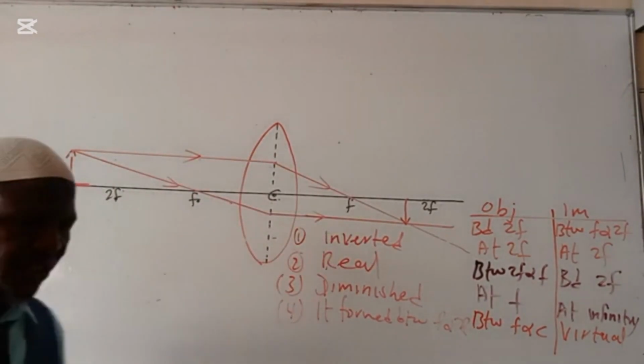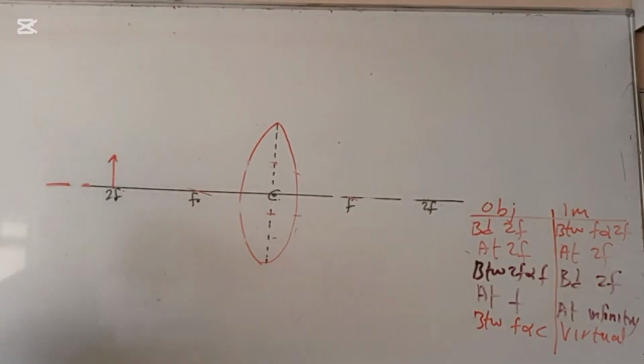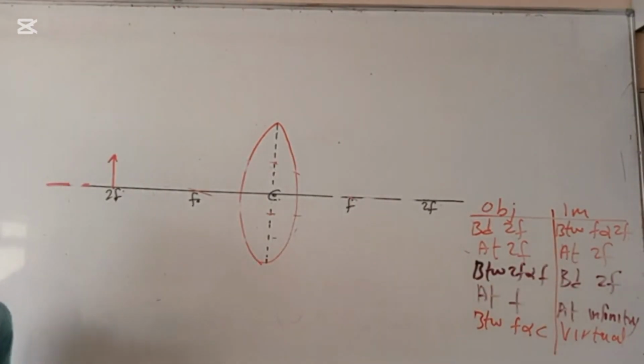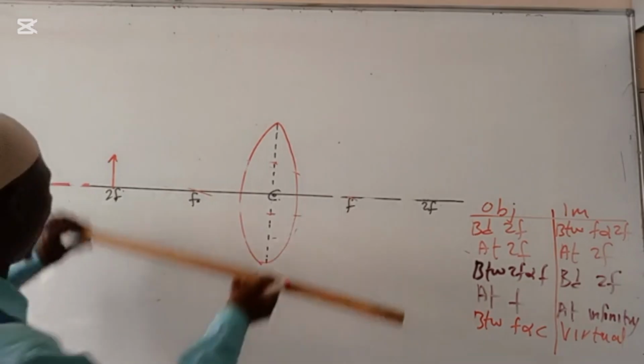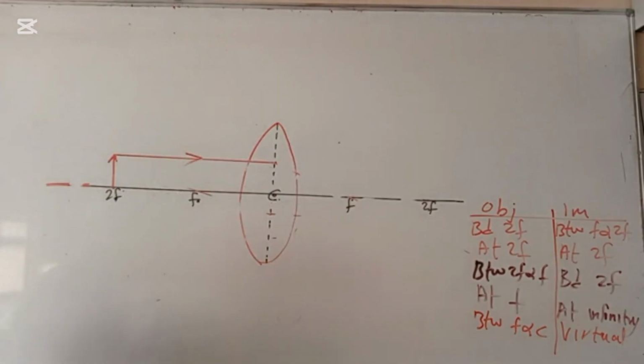Now let's try another one. Let's place the object at 2F. Once the object is at 2F, the image will also appear at 2F. Follow the same principle. We have this. Then where is it going?